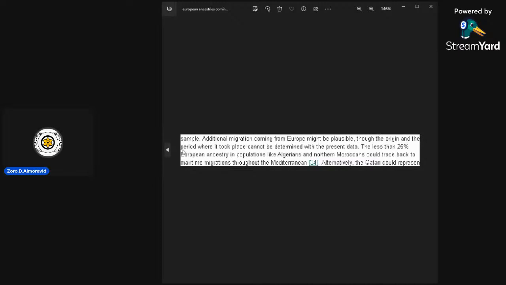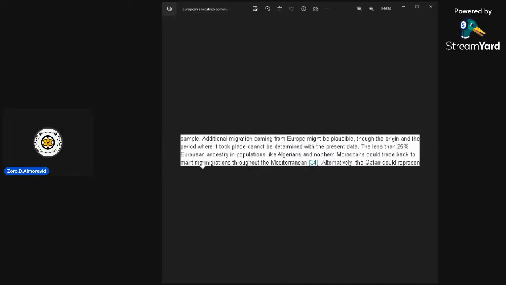But we have some really logical, realistic, and also real studies that give us some of the origin and the period where it took place. And so the less than 25% European ancestry in populations like Algerians and Northern Moroccans could trace back to maritime migrations throughout the Mediterranean.